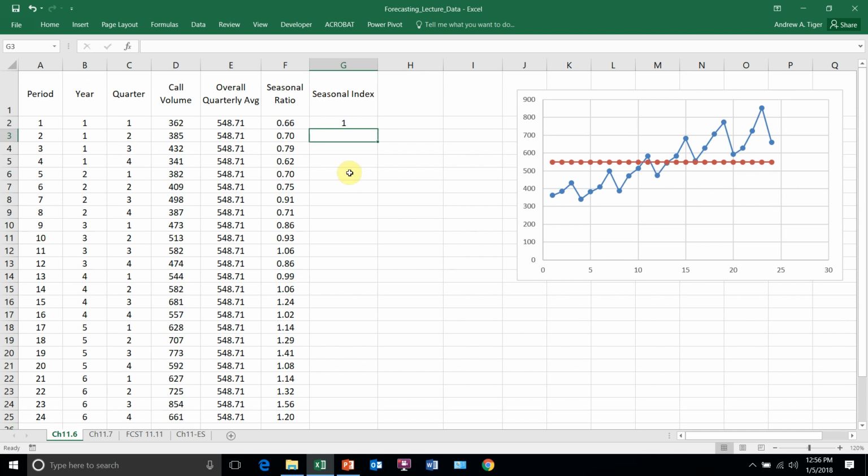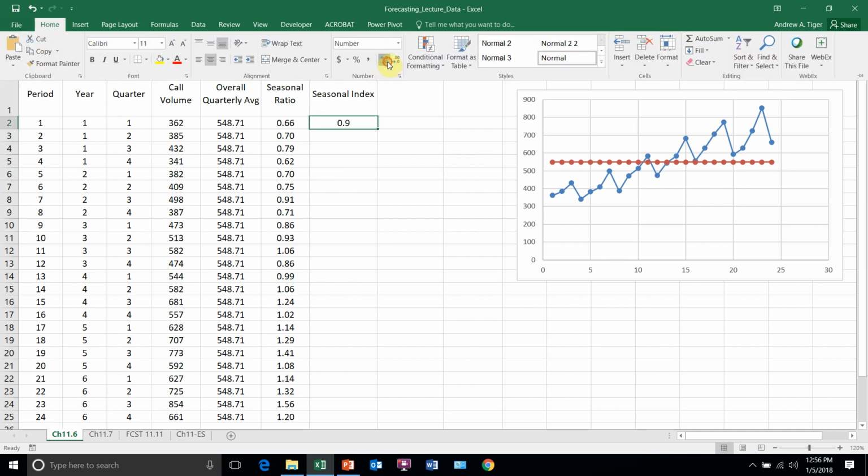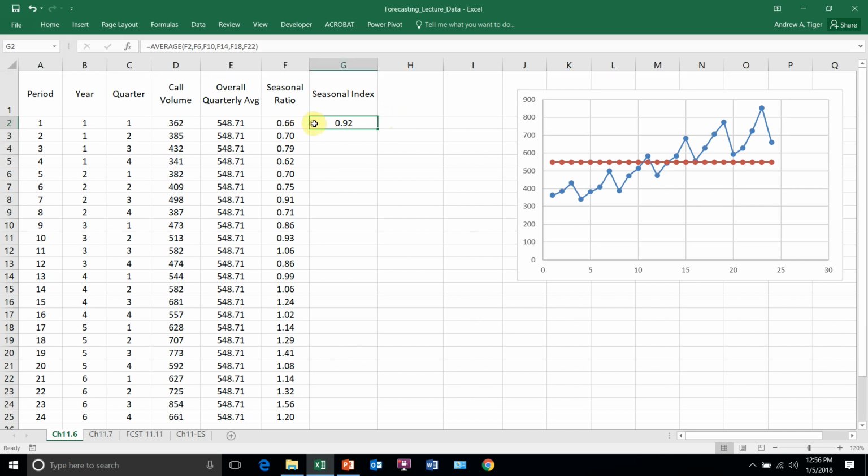And that becomes the seasonal index for quarter 1. And I've got 4 of these: the average of all my quarter 3s, the average of all my quarter 2s, the average of my quarter 4s.